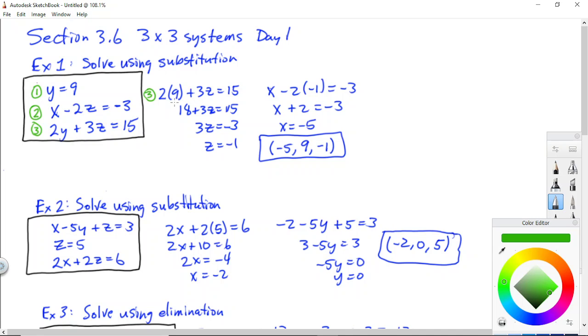So we have something with only one variable. Plugging in 9 for the y, we continue on and solve it. We get an 18. Subtract 18 from both sides, you get negative 3, and z is negative 1. So we already had y, and now we have z. Only thing left is x.